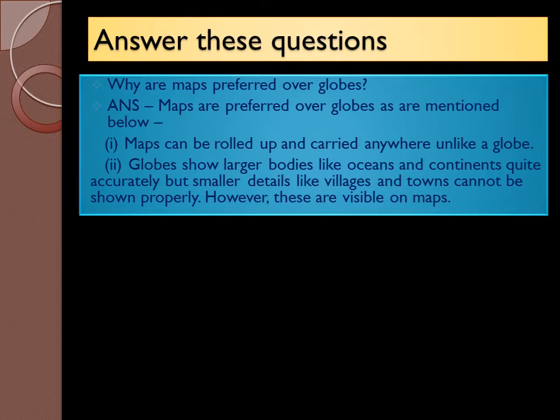Maps can be rolled up and carried anywhere, unlike a globe. Globes show larger bodies like oceans and continents quite accurately, but smaller details like villages and towns cannot be shown properly. However, these are visible on maps.